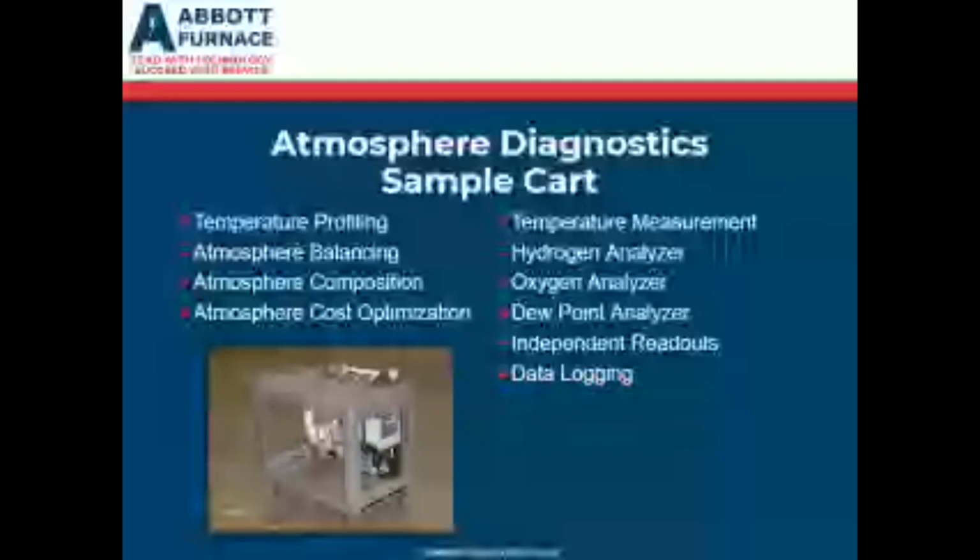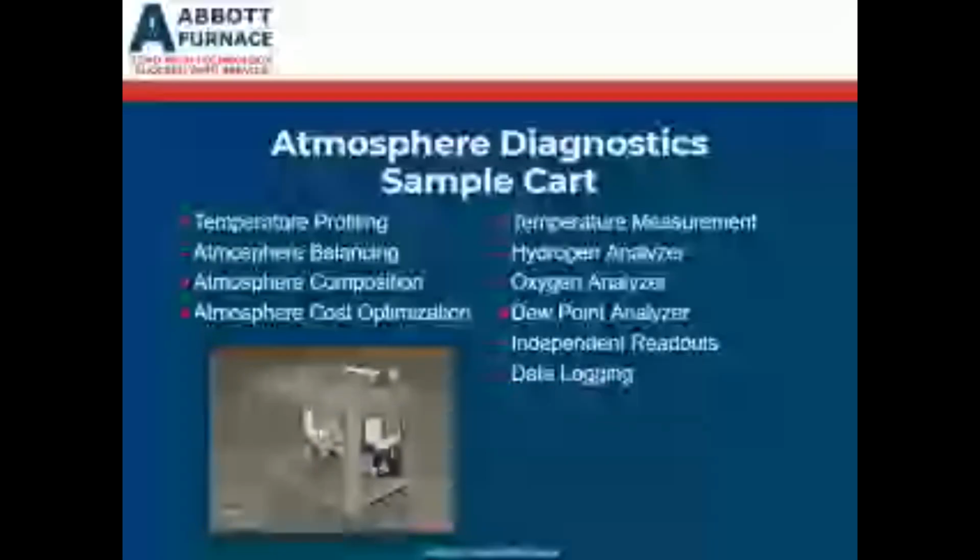We talked a little bit about atmosphere balance and having a good flush out the front of the furnace. If we don't have enough flow to maintain positive pressure, where the pressure inside the furnace has to be higher than the pressure in the building so that we don't pull air into the furnace.